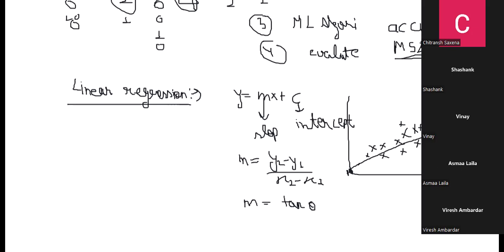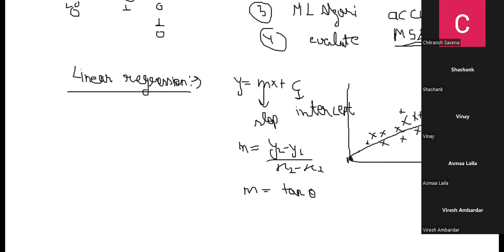Now first of all, calculate the prediction. Suppose I have data like this: temperature, and with its help we are going to find the sales of ice cream.